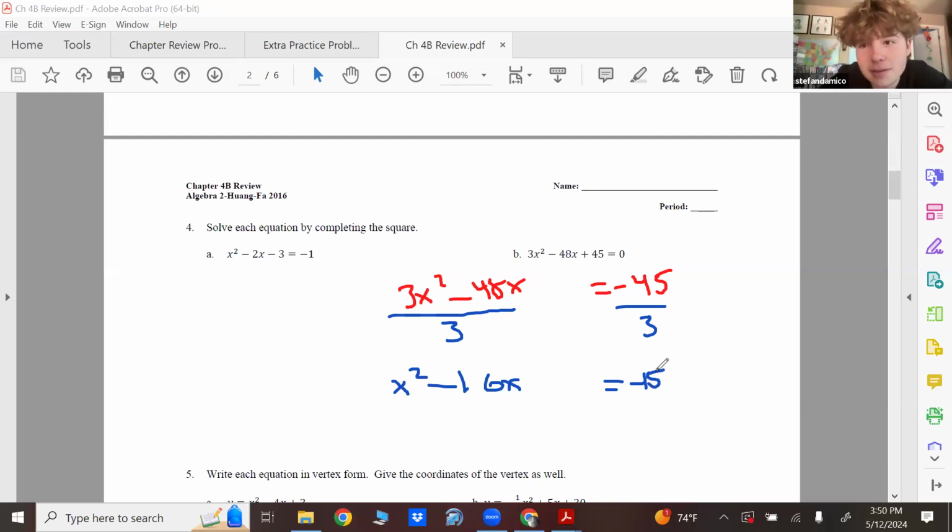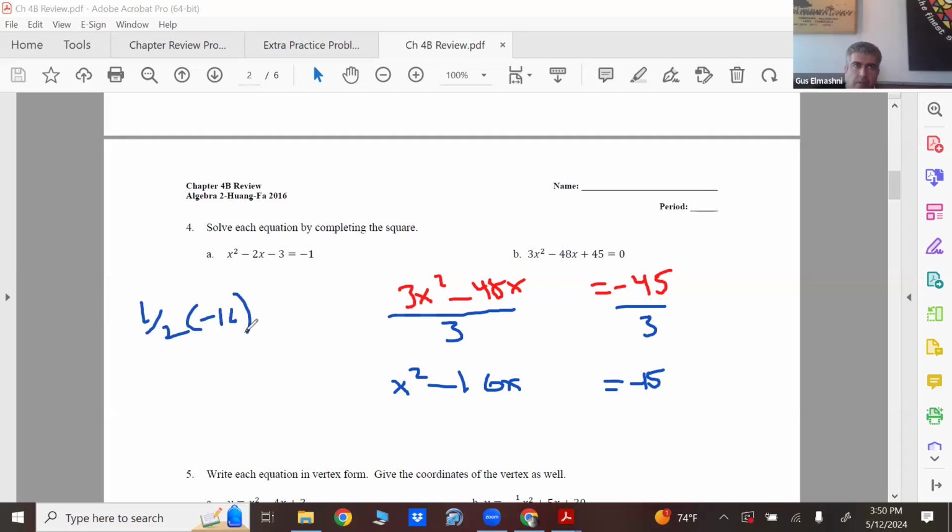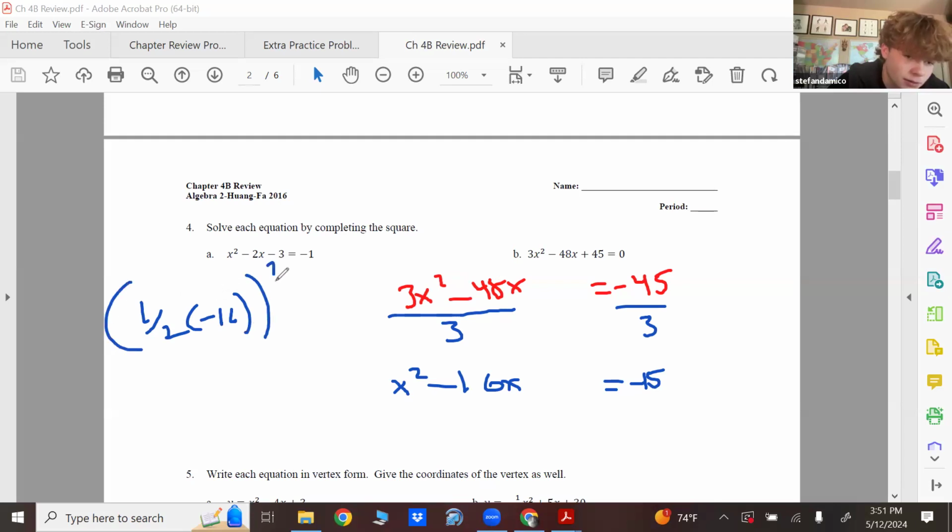I don't think the answer's gonna be a fraction. Well, it's not necessarily a fraction. We just have to get rid of the 3. So I divide everything by 3, or you can factor it out. Same thing. We can now take half of negative 16 and square it. What's half of negative 16? Negative 8. Squared? Negative 8 squared is positive 64.